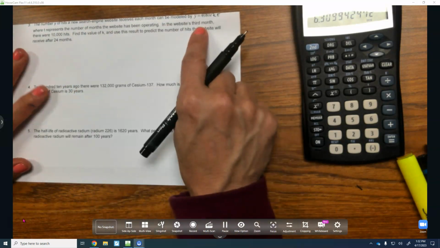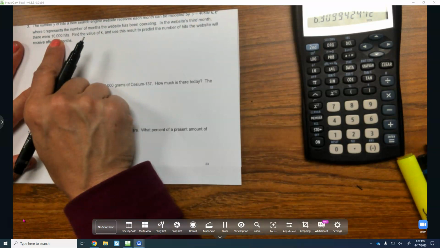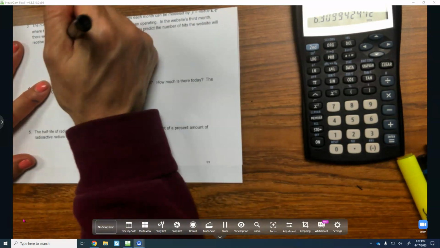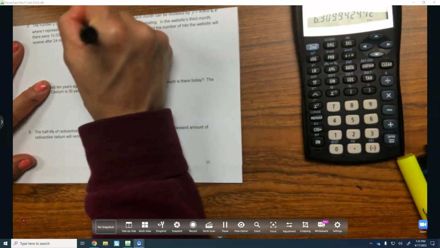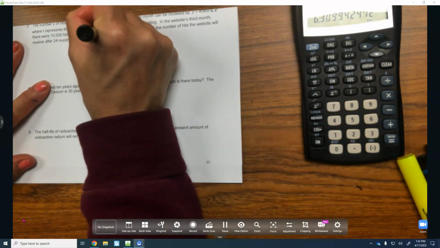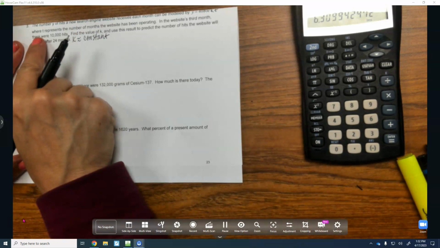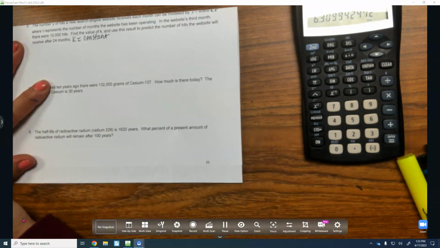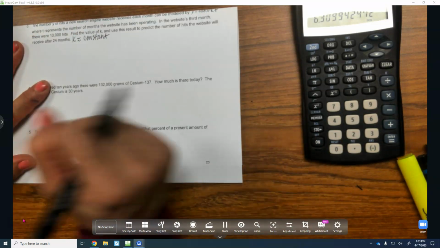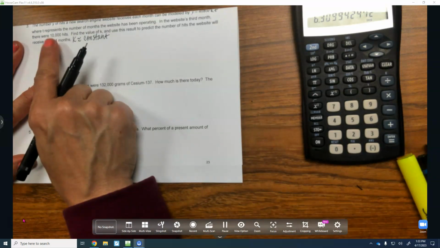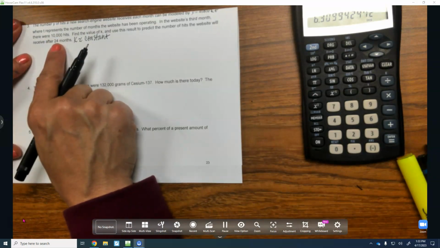And in the website's 3rd month, they had 10,000 hits. We need to find the value of k. Guys, k is usually understood to be a constant, so that's going to be a value that does not change like the t does as time progresses. So let's figure out k, then we'll figure out how many hits after 24 months.